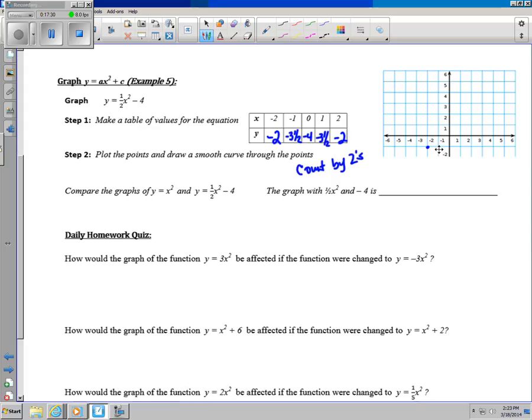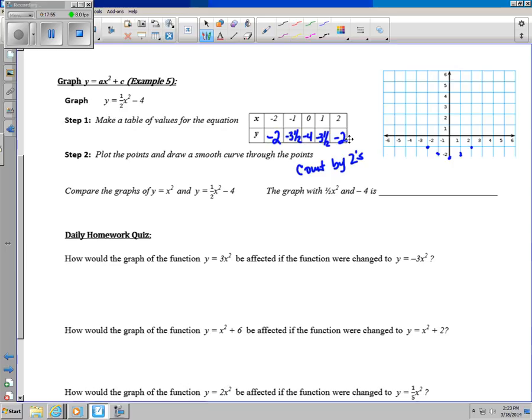So here would be -3, so 3.5 would be in between 3 and 4, right about here. When x is 0, y is -4, so we're right about here. Don't quite have it on there, but I'm close. And then at +1, we're at -3.5 again, and at +2, we're at -2.